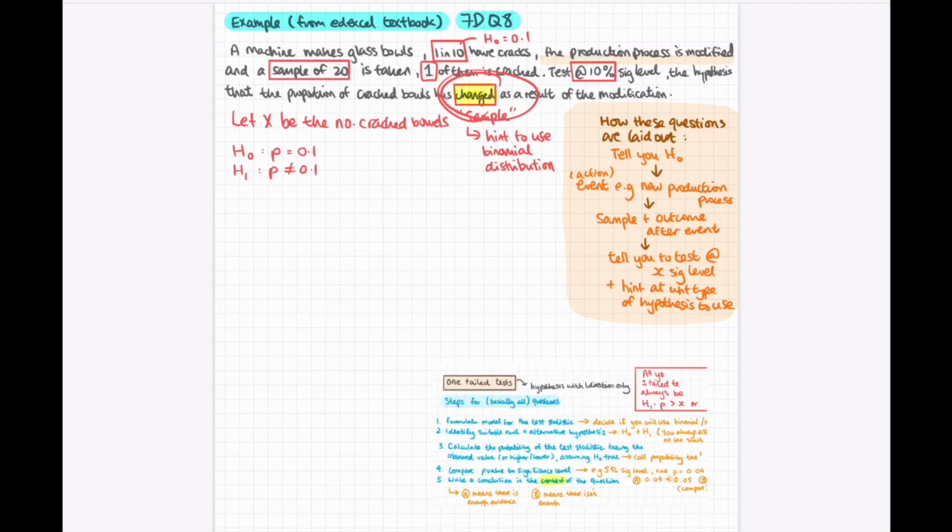There are different methods you can use, but in this one I'm going to use a method where you need to find the critical region and check if the result, in this case 1, lies in the critical region.